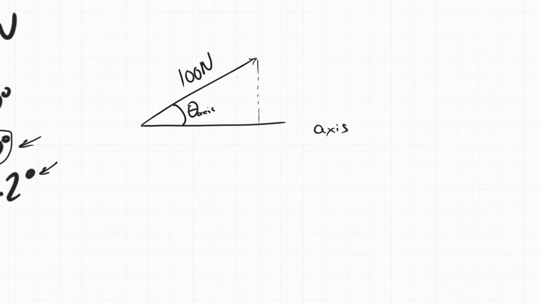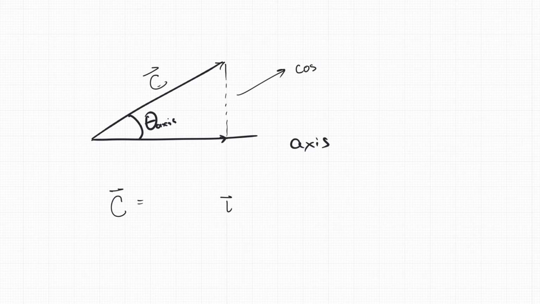Let's make this more generalizable, and let's just call this C, because that's what we're working with here. So C, in this axis direction, let's say that's the x direction, becomes the magnitude of C. Let's do the trig here. We want the cosine, because we're trying to get how much of this is going in that axial direction. So the cosine of that angle, theta axis, equals the magnitude of C.